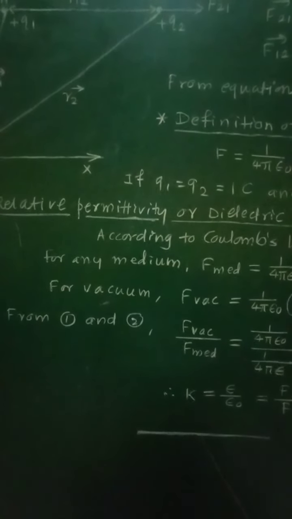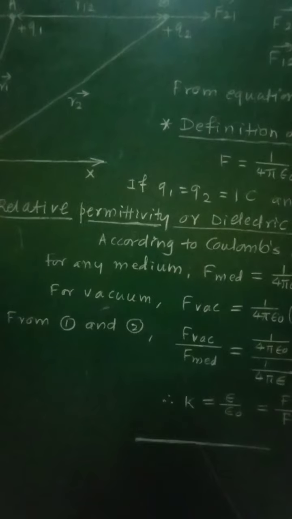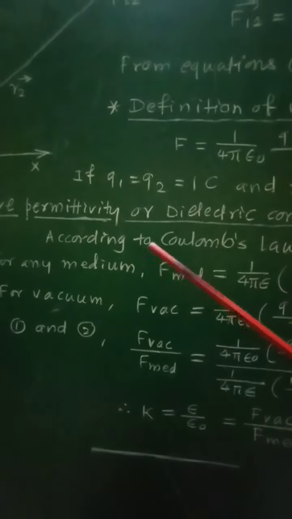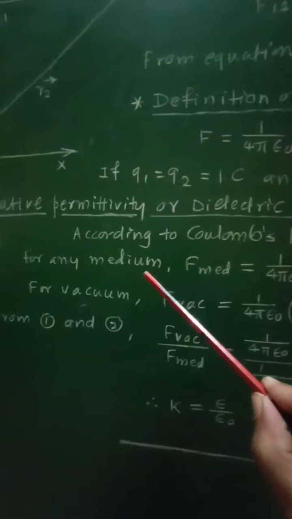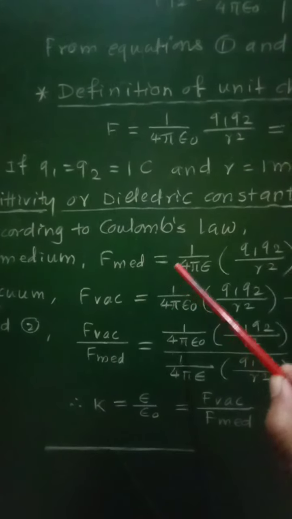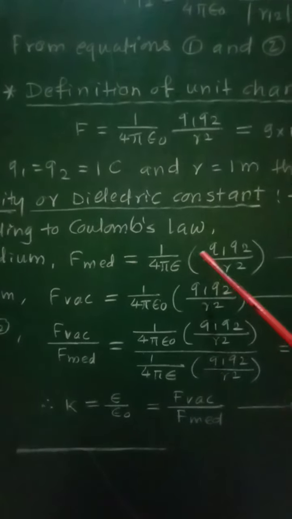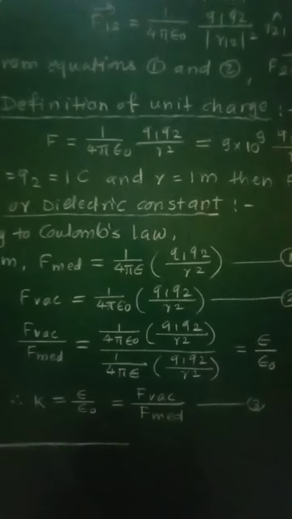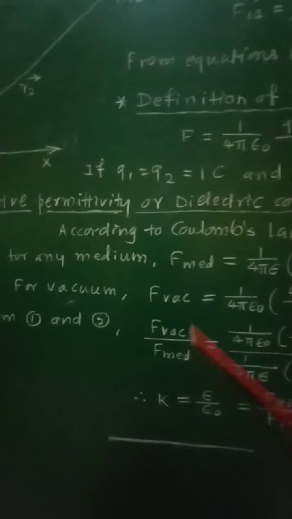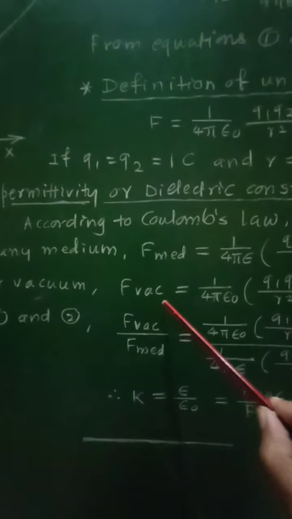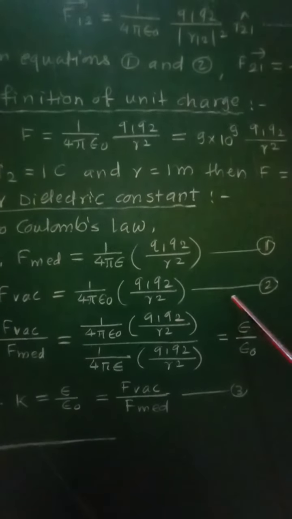According to Coulomb's law, the force acting on the charges when placed in any medium of permittivity epsilon is given as F medium equal to 1 upon 4 pi epsilon Q1 Q2 upon R square, equation number 1. Similarly, if the charges are placed in vacuum, then the force is given as F vacuum equal to 1 upon 4 pi epsilon 0 Q1 Q2 upon R square, equation number 2.